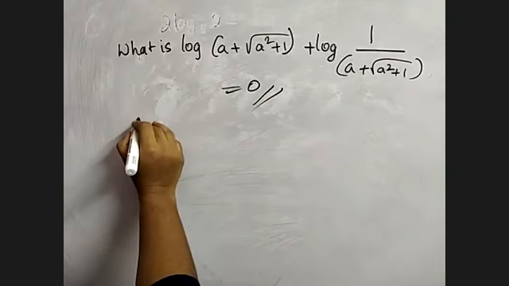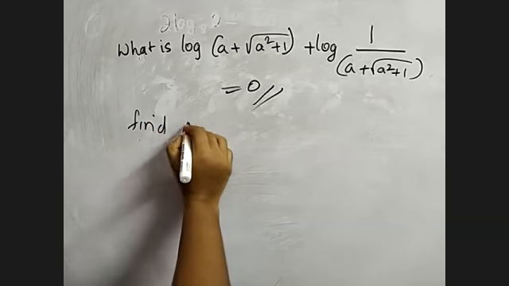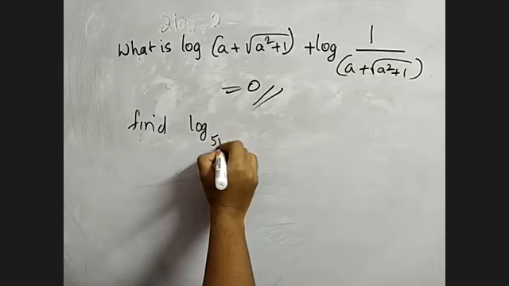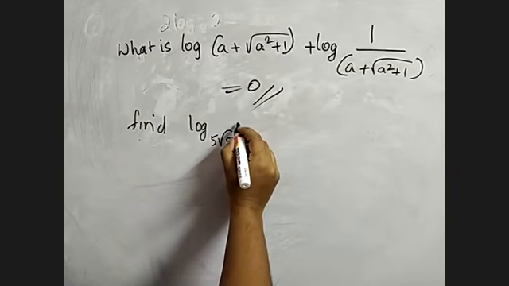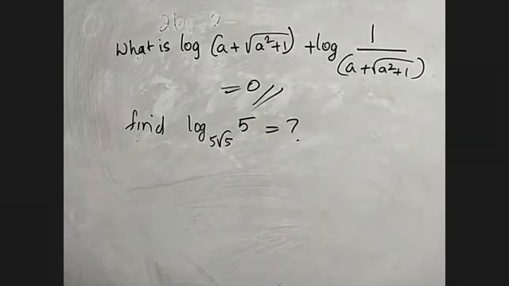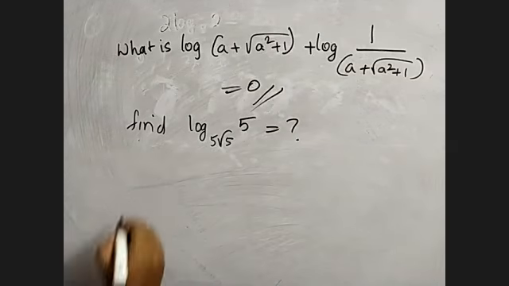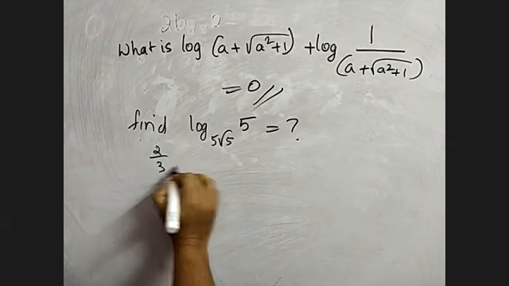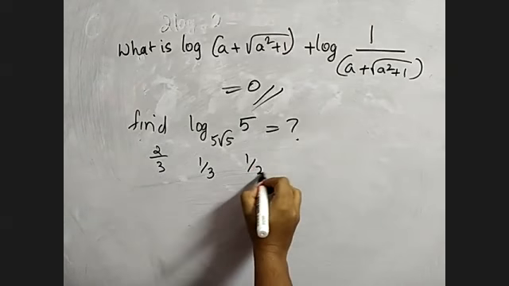Next question. Find log 5 root 5 to the base 5 root 5... Find log 5 root 5 base 5 root 5 5. Options: 2 by 3, 1 by 3, 1 by 2, 2.